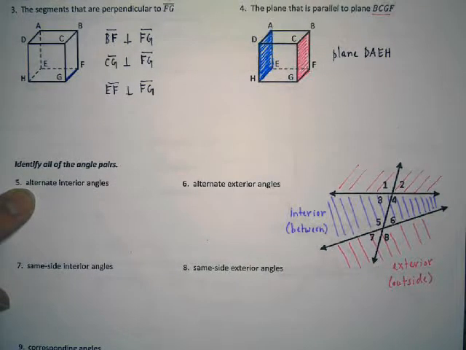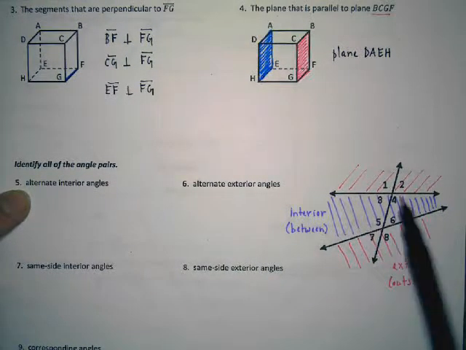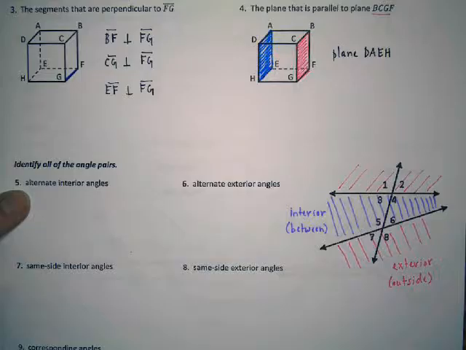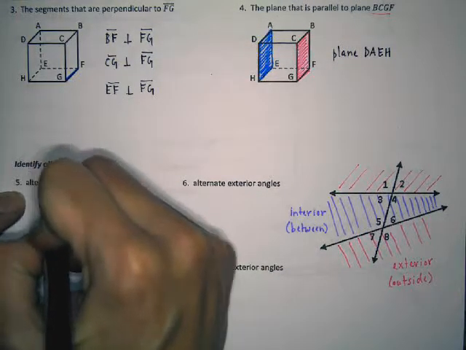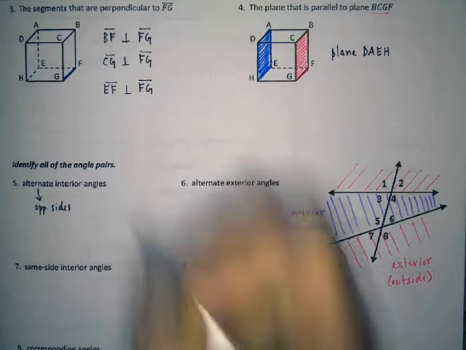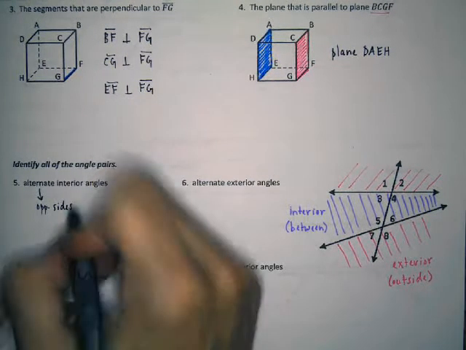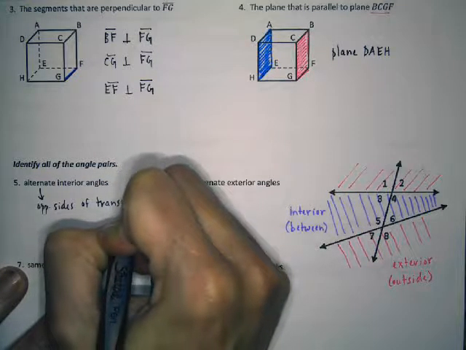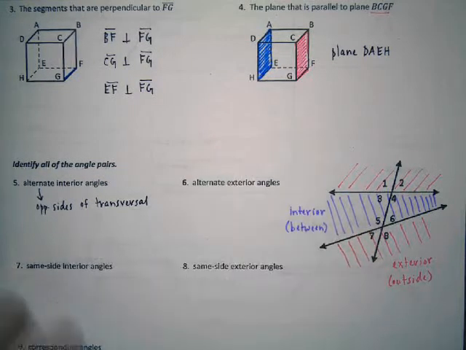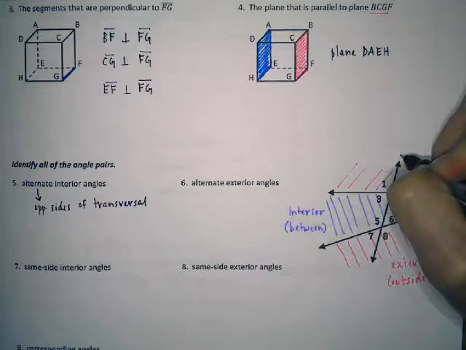So now, if I'm looking for alternate interior, I know my interior is going to be in the purple area here. Alternate just tells me that they're opposite sides of the transversal. So I'm going to say opposite sides of transversal. Right? And I'm going to label this.